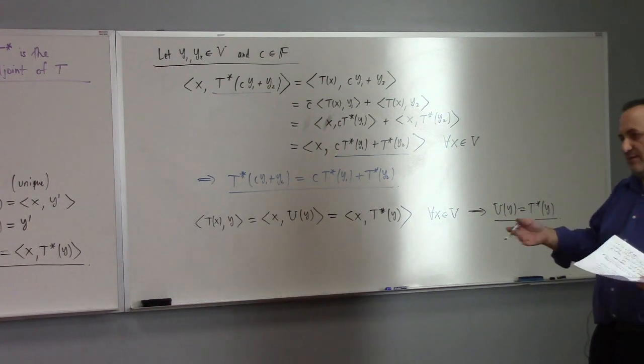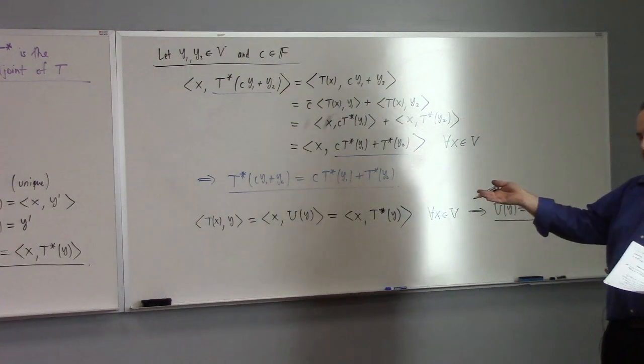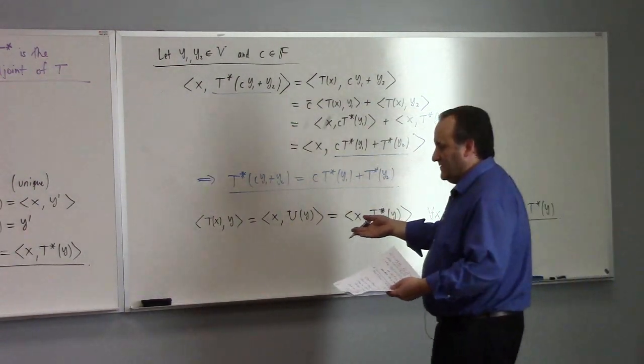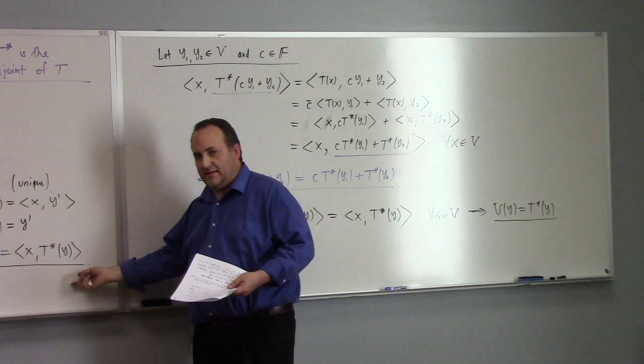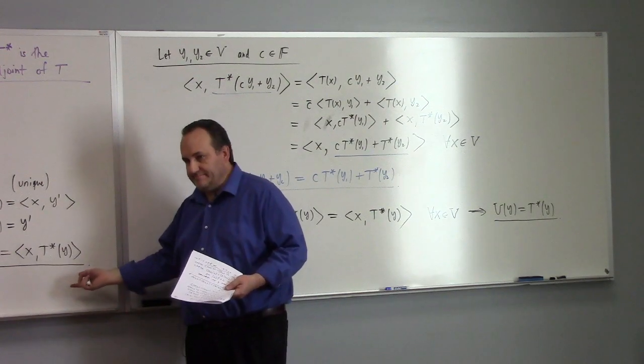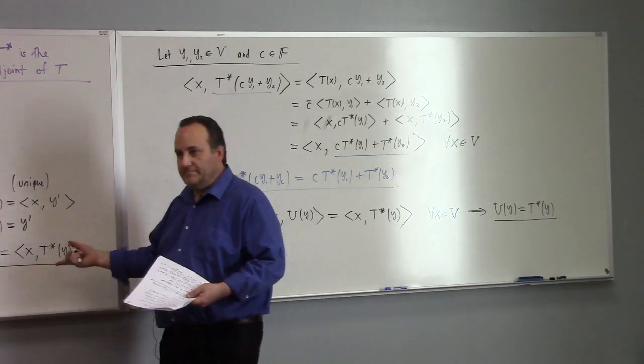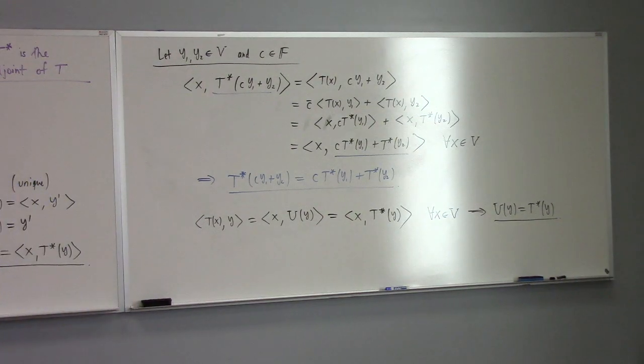If we could somehow find another one that satisfies the defining identity, essentially, this is the defining identity, right? This is what makes the adjoint the adjoint. So, okay, great.